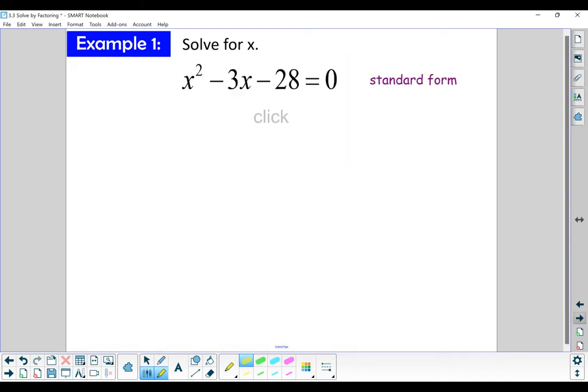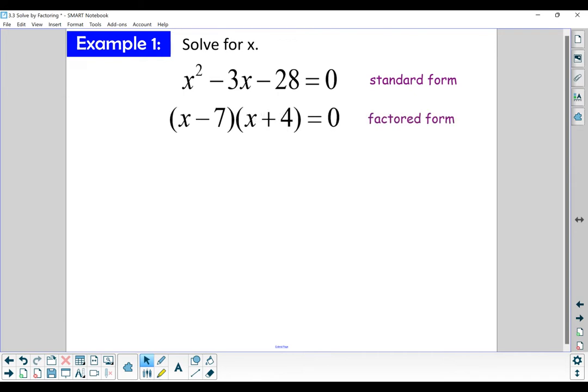So for this first equation, we have x squared minus 3x minus 28 equals 0. So we want to use the zero product property. We're going to factor it to get x minus 7 times x plus 4 equals 0. And now that we have it in factored form, each of our factors gives us one of the solutions.